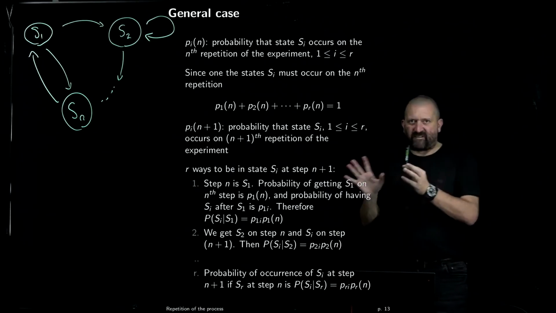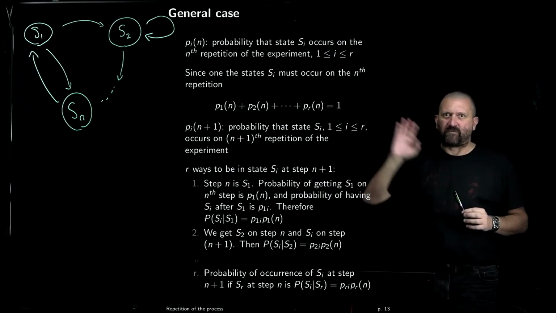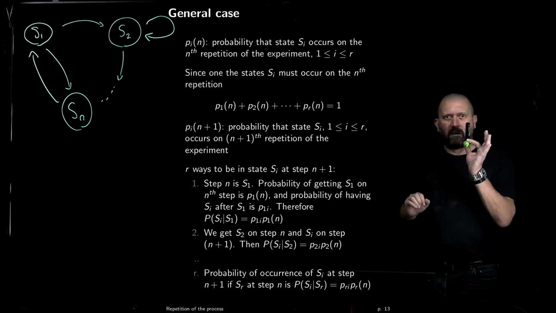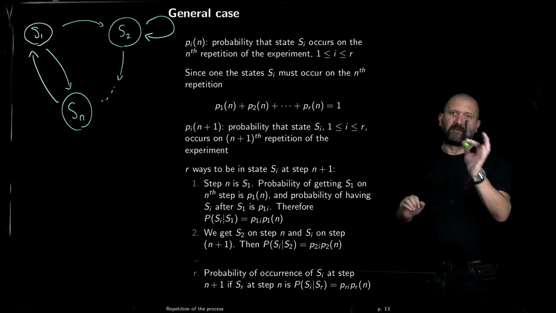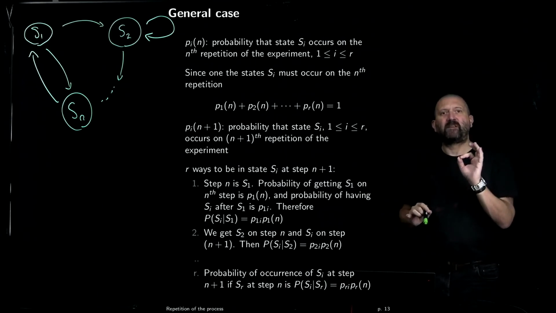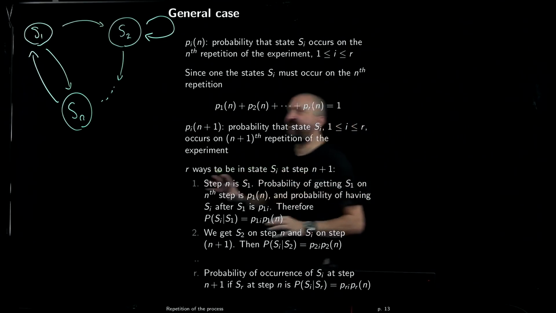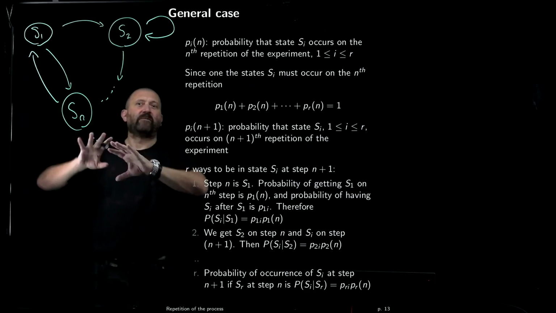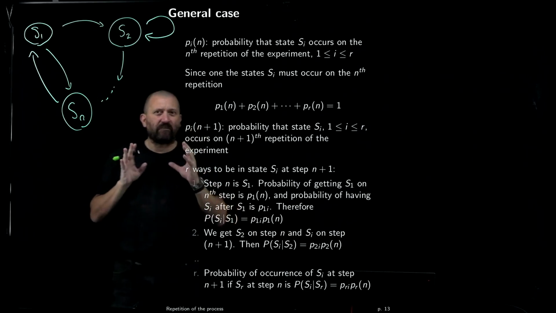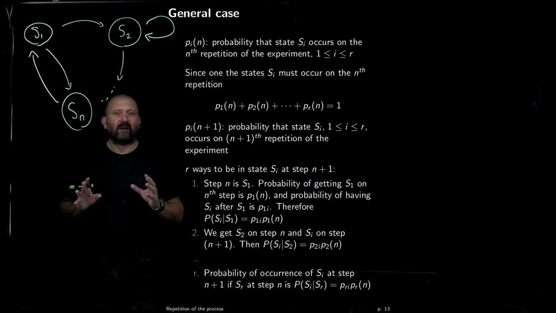So, as I pointed out the other day, what we do is we consider a vector, later a vector, but for now we first consider this pi here to be the probability that the system is in one of those states at a given instant in time. And this is a probabilistic point of view.